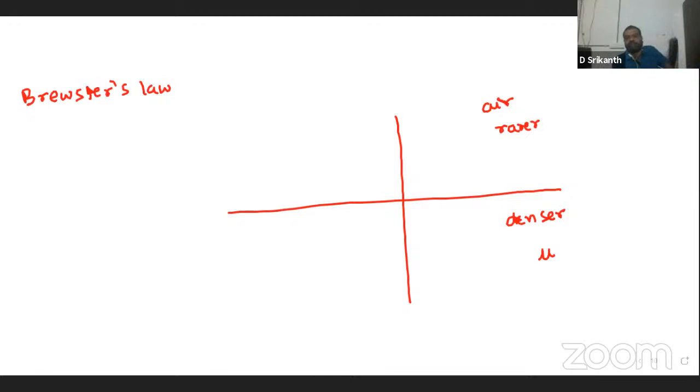Now let us consider an incident wavefront which makes an angle I. Let us consider AB is my wavefront.